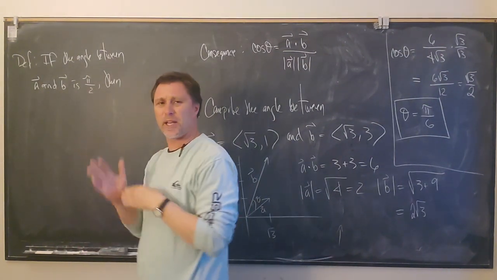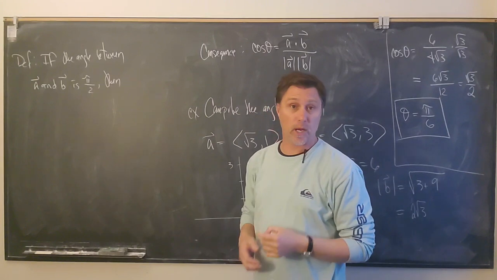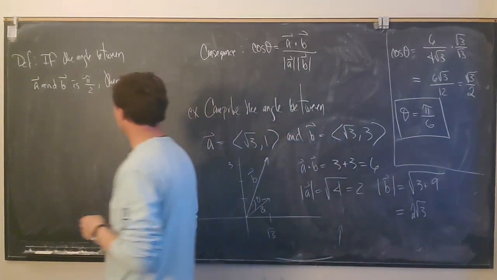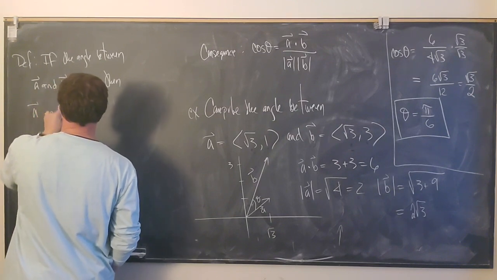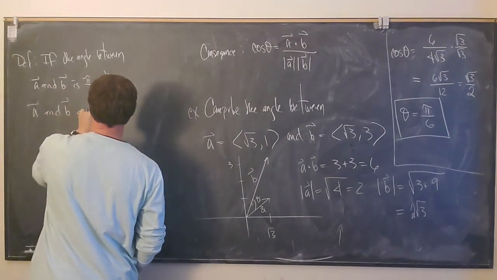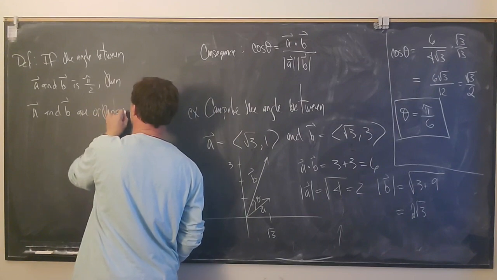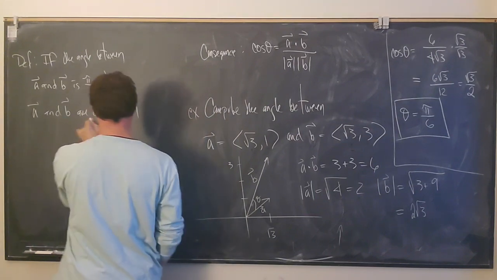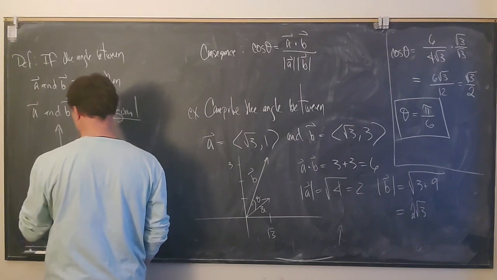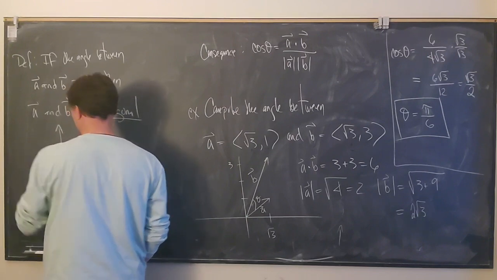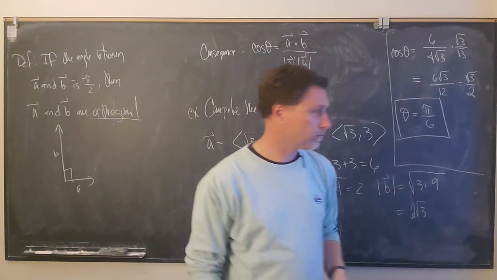Think of it as perpendicular, but the language that we use when we're talking about vectors, we say orthogonal. So then A and B are orthogonal. Orthogonal vectors mean they meet at a right angle.